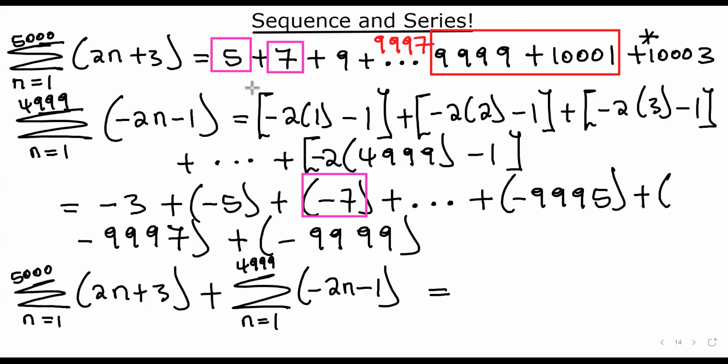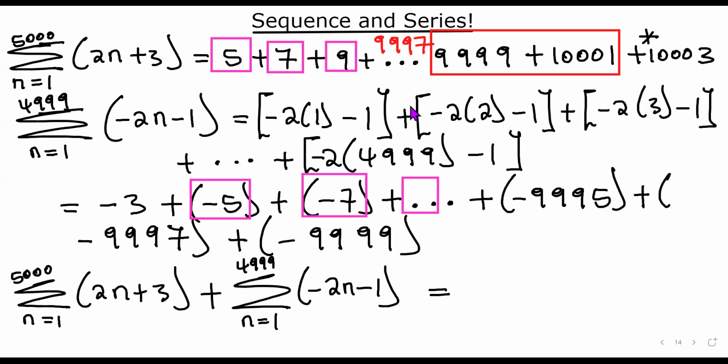In this sequence, 5 is positive, but here it is negative. If you add them up, you get 0. 9 is positive here, it's the 3rd term. It's going to be negative here, it is the 4th term. Do you see that?